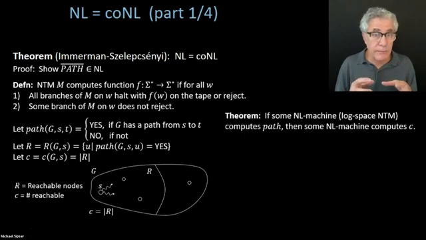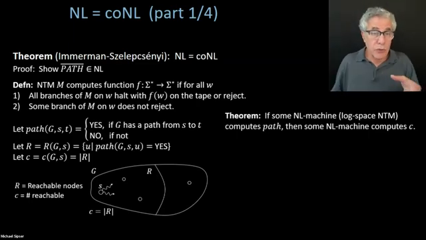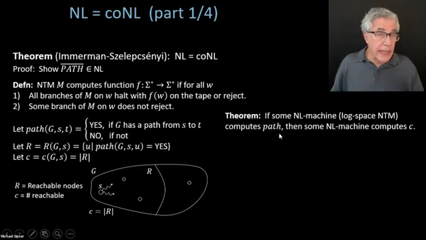If you're comfortable with the definition, this is more or less obvious, because what you would do is go through the nodes of G one by one and test using your path function what the answer is, yes or no. Every time it's a yes, you add one to the count until you've gone through all of the nodes. And then you have your answer, and that's C.